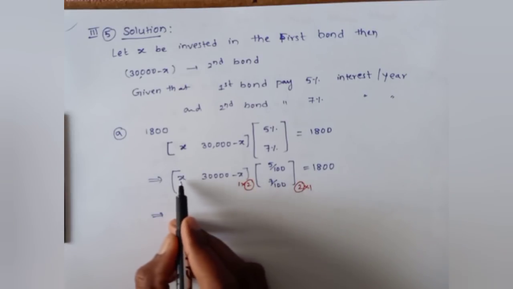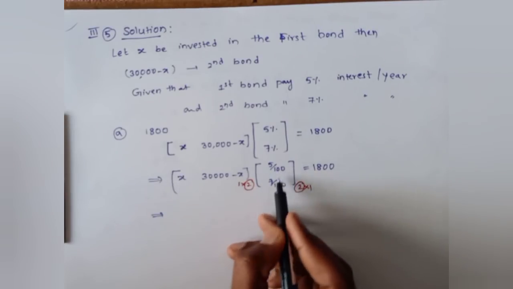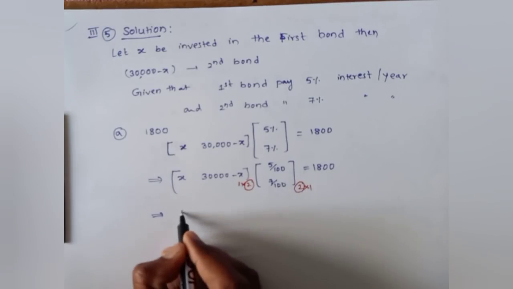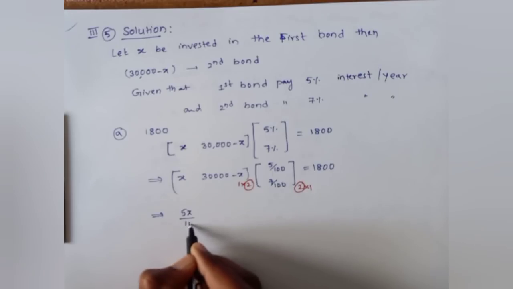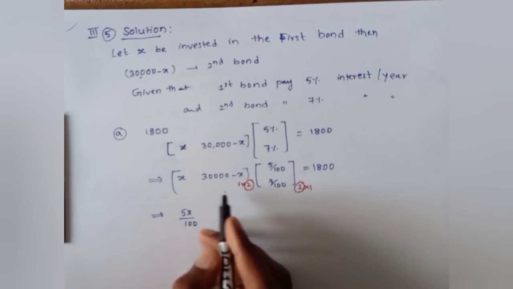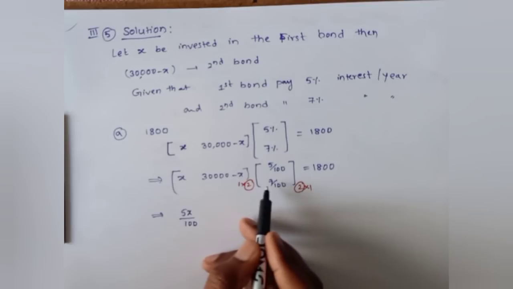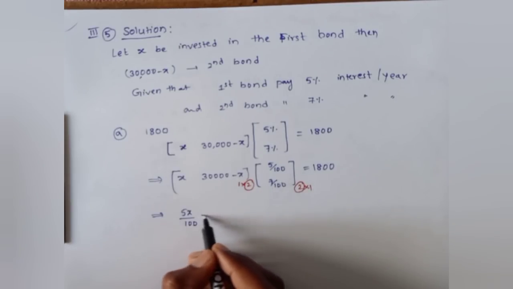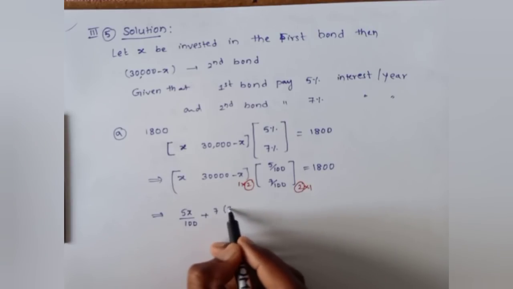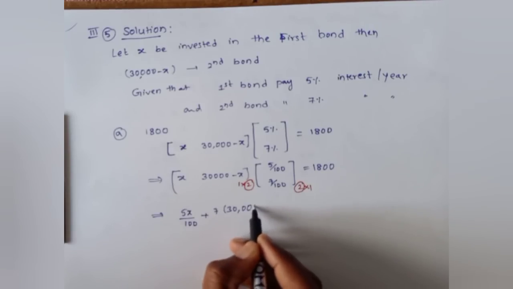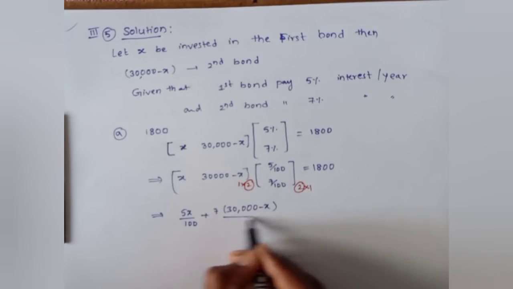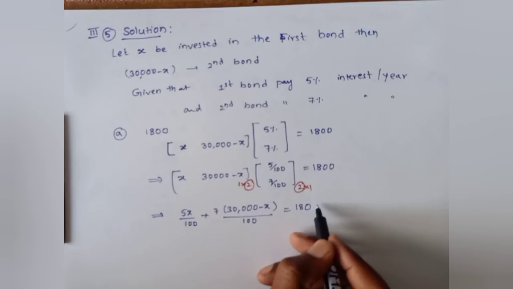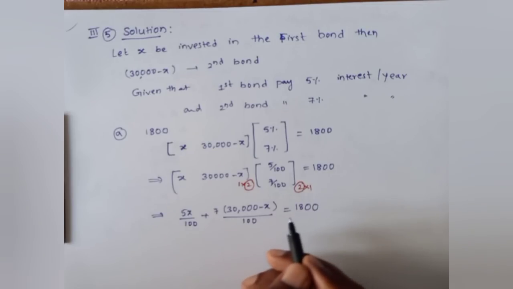So just multiply the corresponding row elements with the corresponding column elements: x into 5 by 100 is 5x by 100, plus 7 into 30,000 minus x by 100 equals 1800.